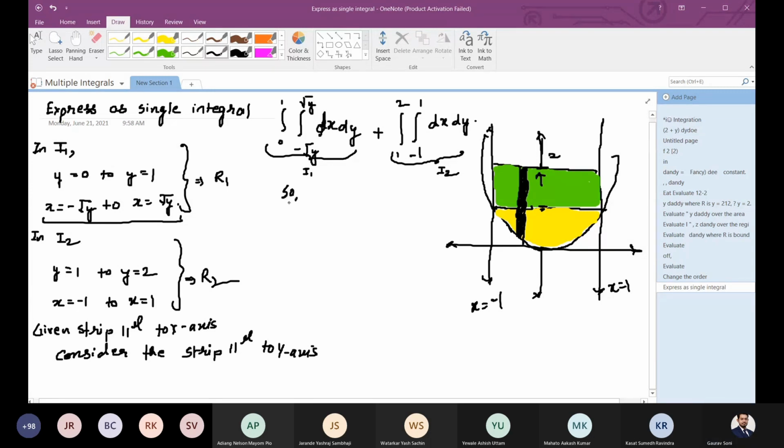So x is running from -1 to x equal to +1. You are going to move this horizontally from x equal to -1 to x equal to +1, whereas the value of y is going to be from the parabola to the line y equal to 2. So y equal to x square to y equal to 2.